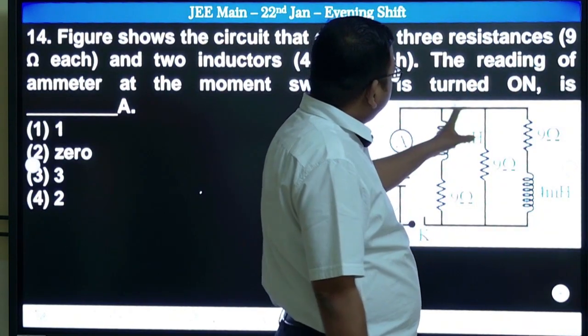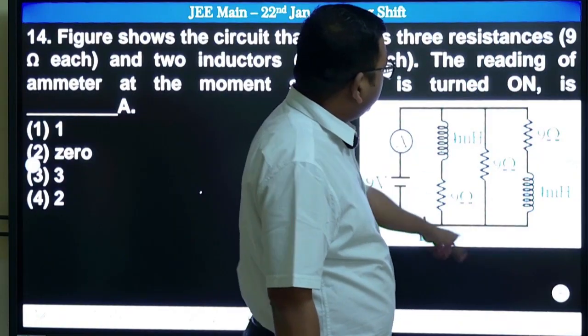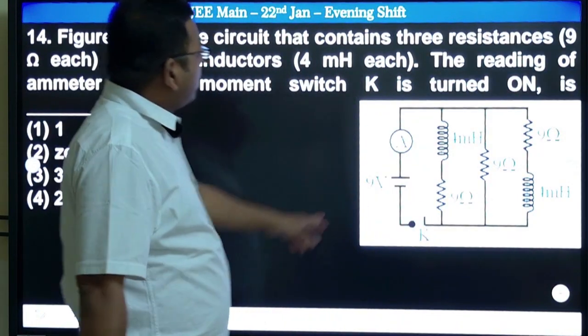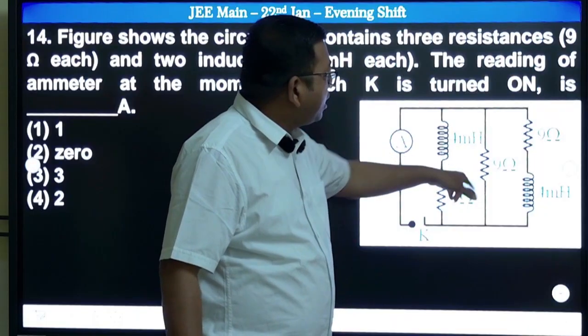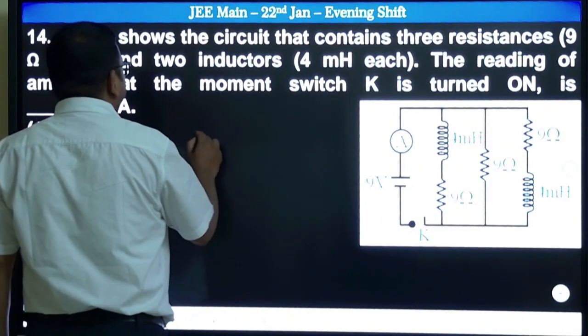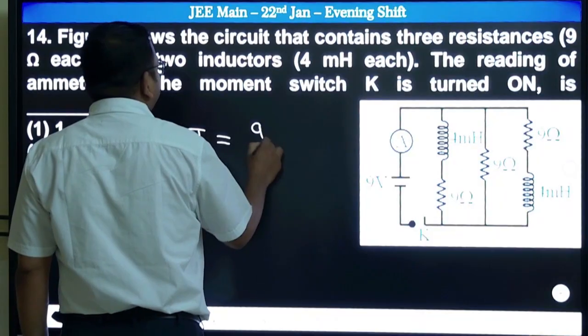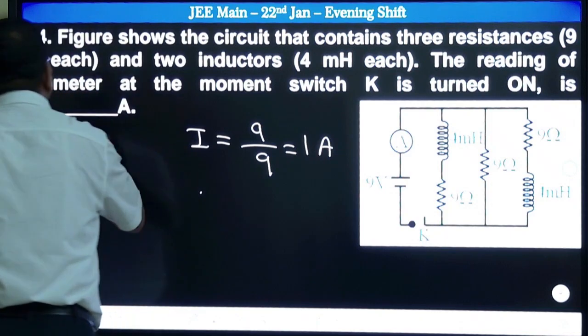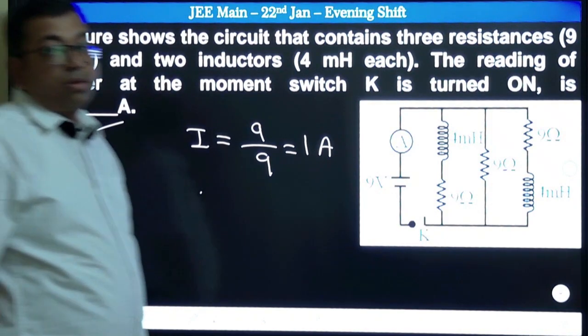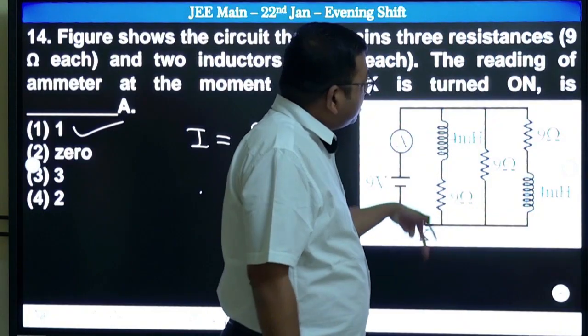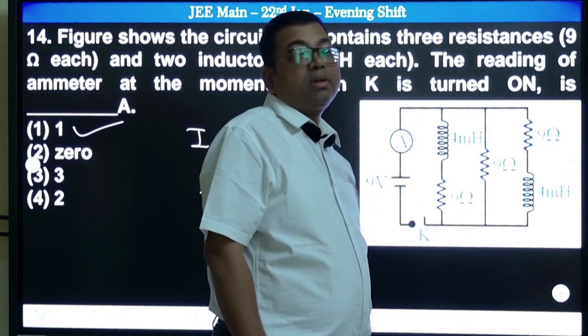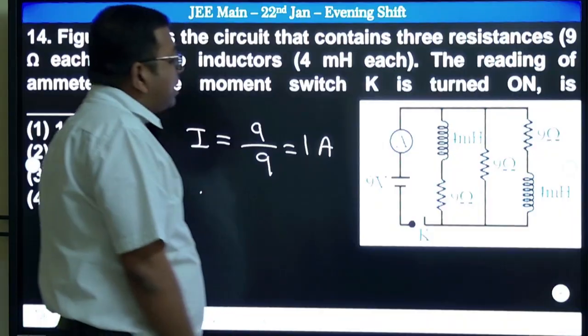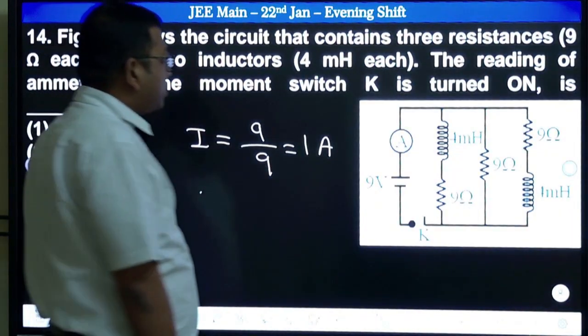So we only have to consider this branch. So 9 volt and this 9 ohm, so current will be 9 by 9, we should take as 1 ampere. So you can go directly with 1 ampere, because when it becomes steady state, then current is maximum in those branches, right? Let us move to the next question.